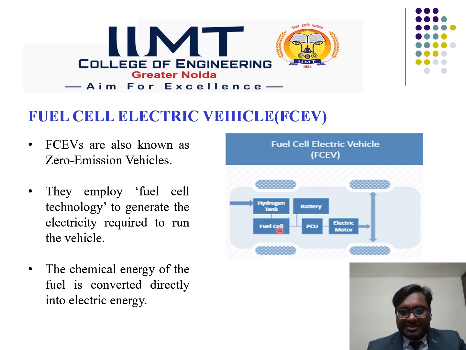This fuel cell stack will liberate the chemical energy from the hydrogen fuel, convert it into electrical energy, and store this electrical energy in the form of DC power in a battery. When required, the PCU will release the electrical energy from the battery, and this power will go to the electric motor and our vehicle will propel.